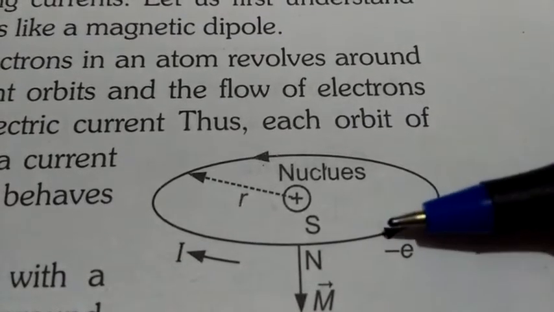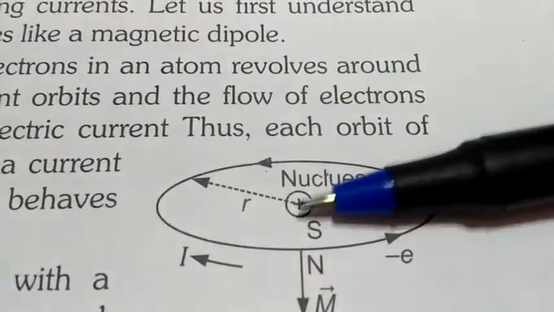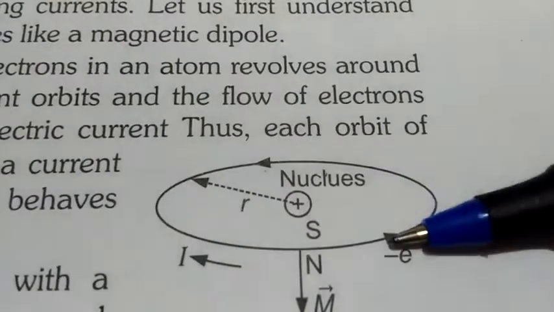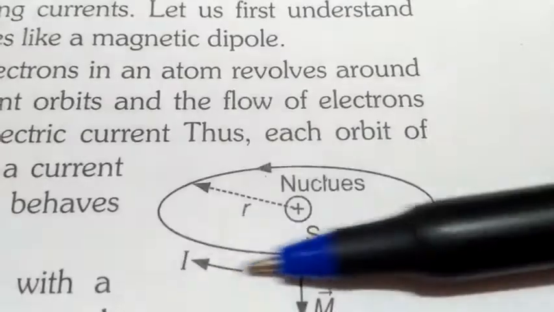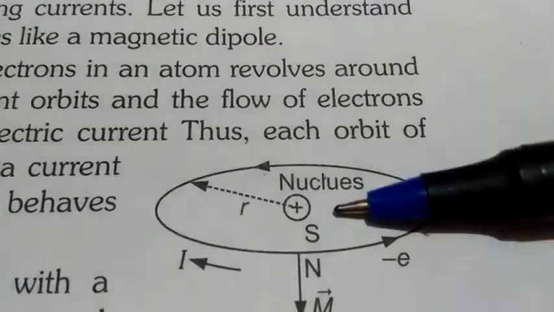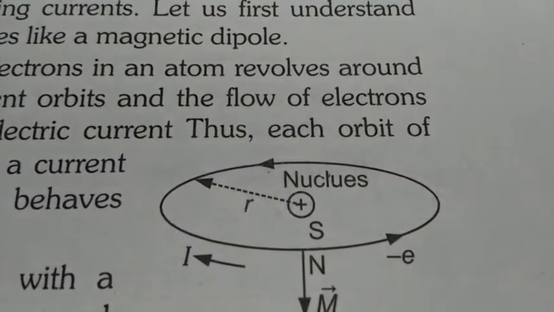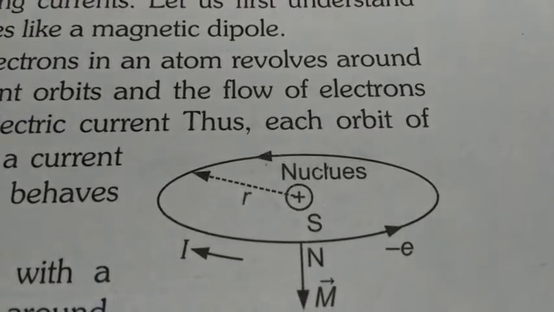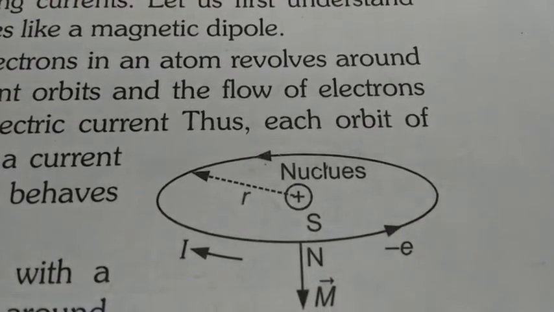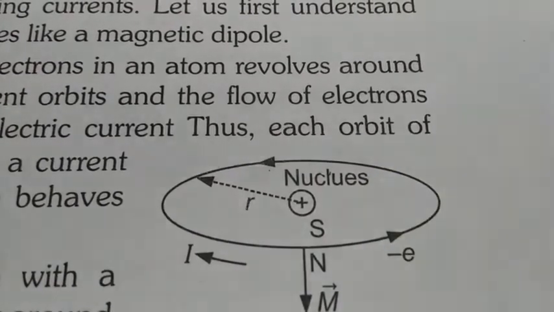And because the direction of current is opposite to the direction of the electron, this face will be S. Don't be confused by the arrow sign that since anti-clockwise motion is there, this side should be N. No, the anti-clockwise motion is of the electron, not of the current. Current is in the clockwise direction because it flows opposite to the electron. So that's why the upside will be S and the downside will be N.